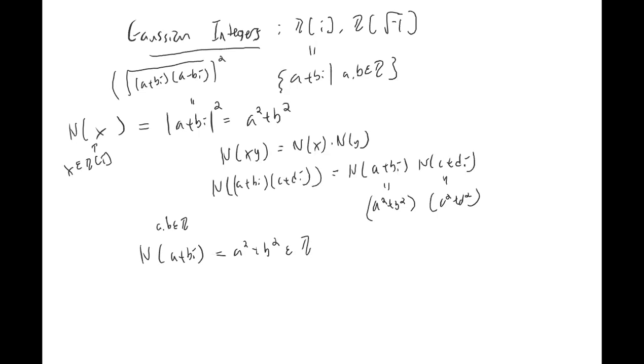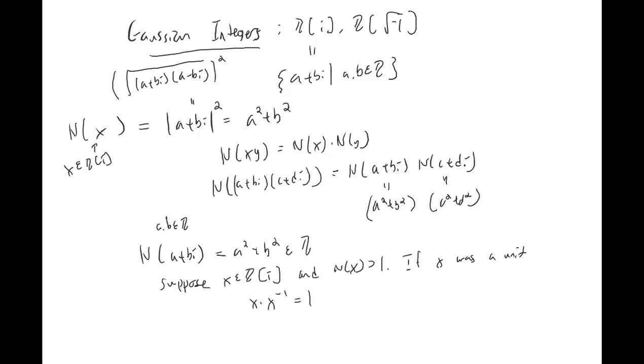Suppose x is a Gaussian integer, and the norm of x is obviously positive. Let's say it's bigger than 1, if you pick a number like 2. If x was a unit, then x times x inverse is 1. Again, remember, what does unit mean? Unit means there's a multiplicative inverse.